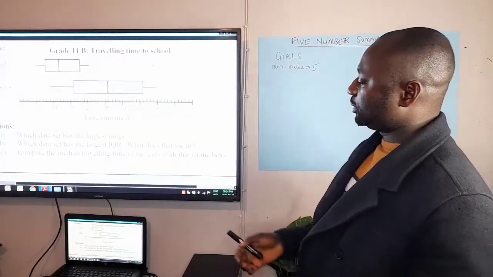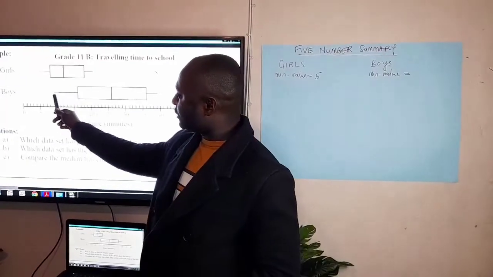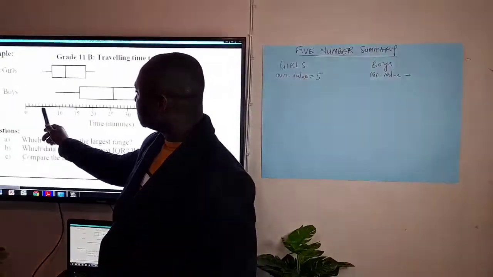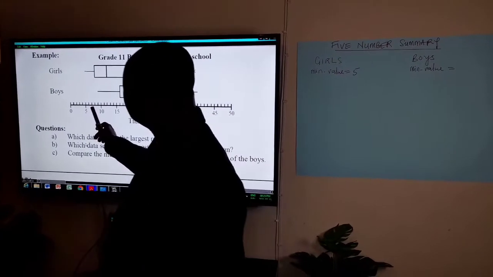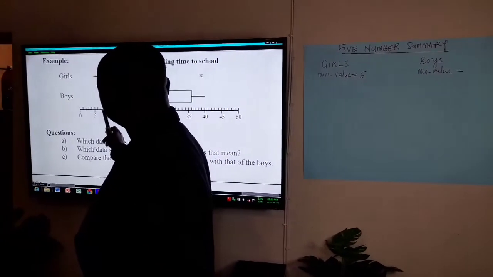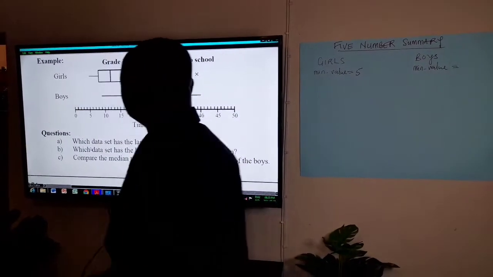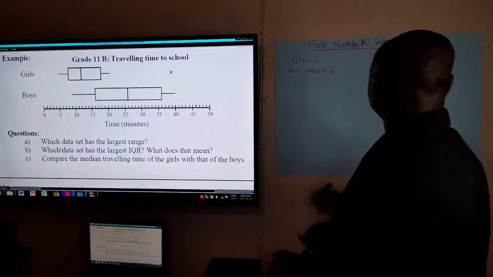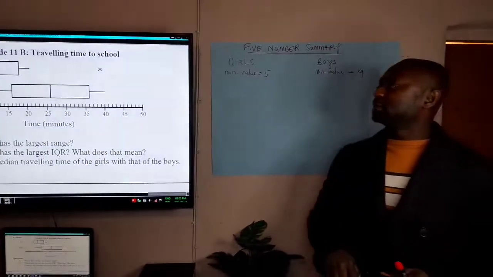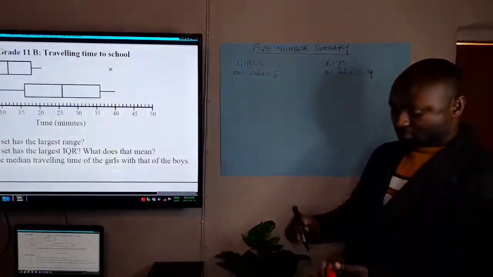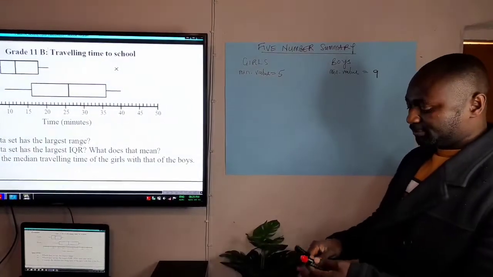Now when we come here, the whisker ends here. Let's count. It's 5 here, 6, 7, 8, 9. So now the boys, the minimum value is 9.